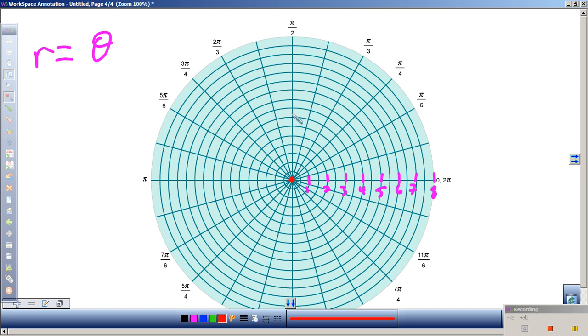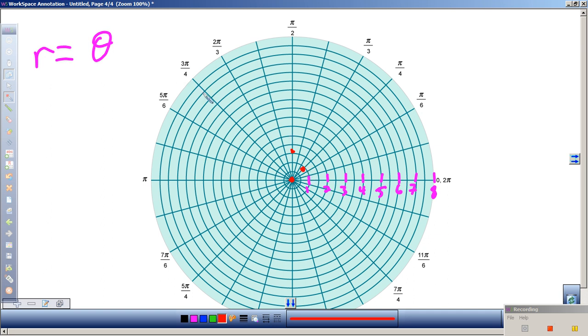If you plug in pi/2, what is pi/2 to the decimal approximate? About 1.5. So it would be about 1.6. So a little bit more than there. So pi/4 as a decimal. 0.8, so let's see, pi/4 is this line, so about there, somewhere there.